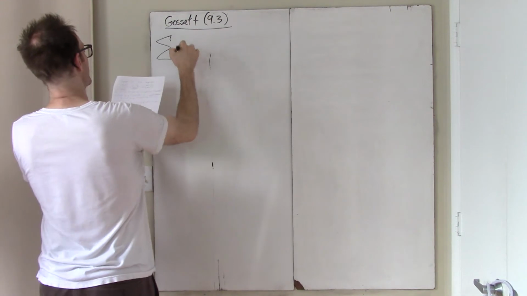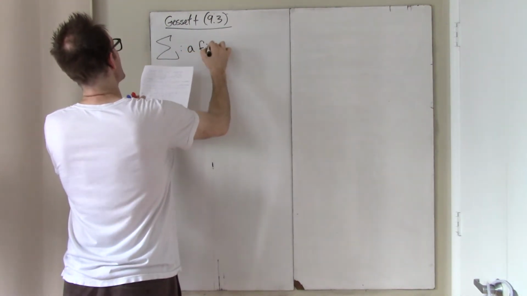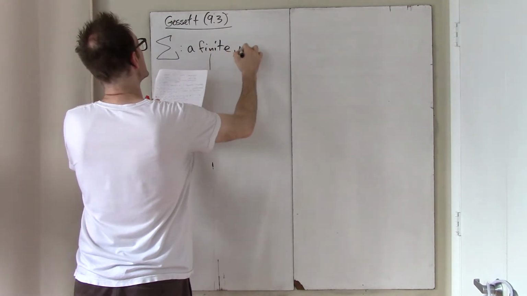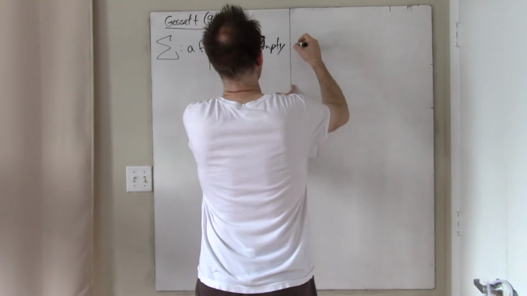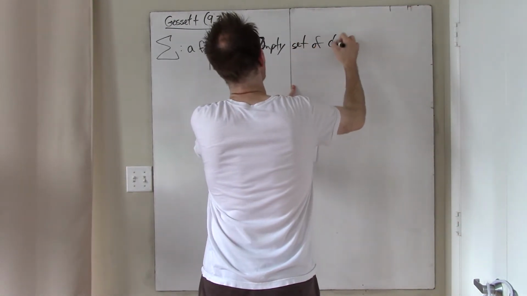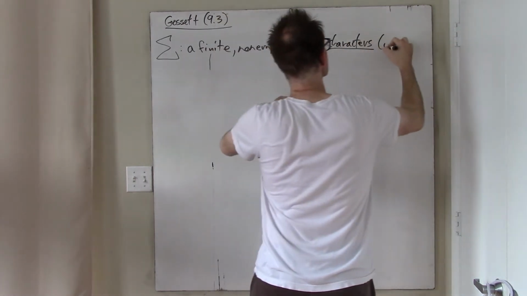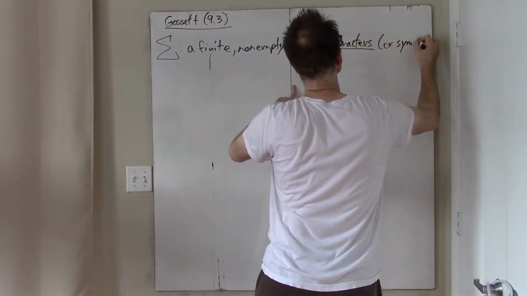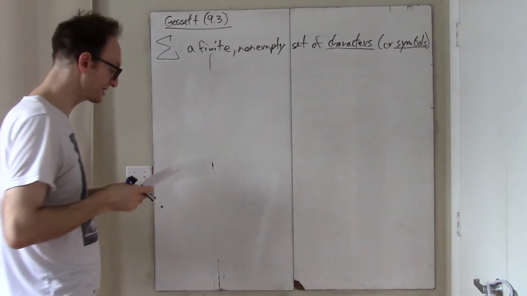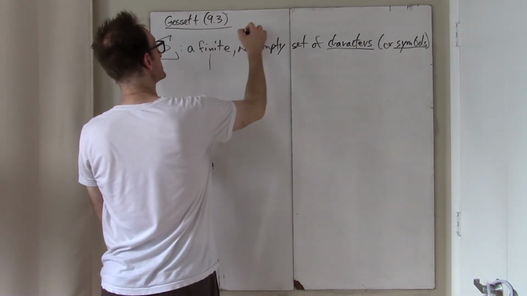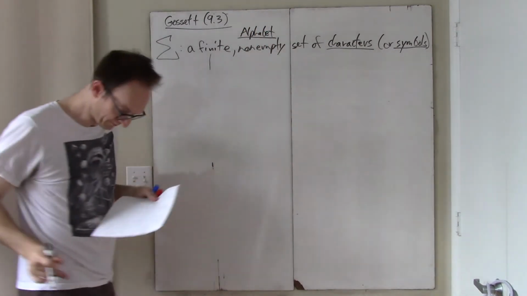Like I said before, this sigma is called the alphabet, and it is a finite, non-empty set of characters. Some people will also call them symbols, but I will mostly call them characters. And I personally call this the alphabet. I think that's the good word to use.